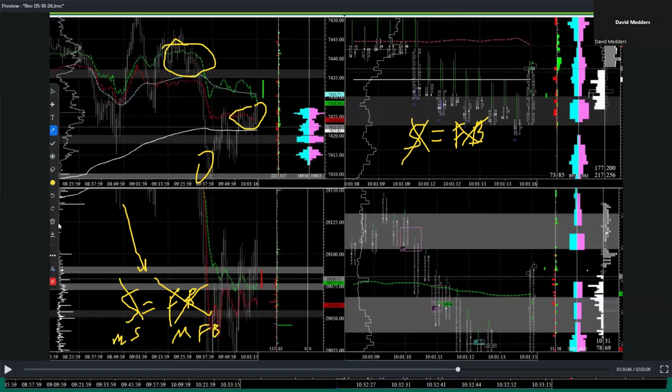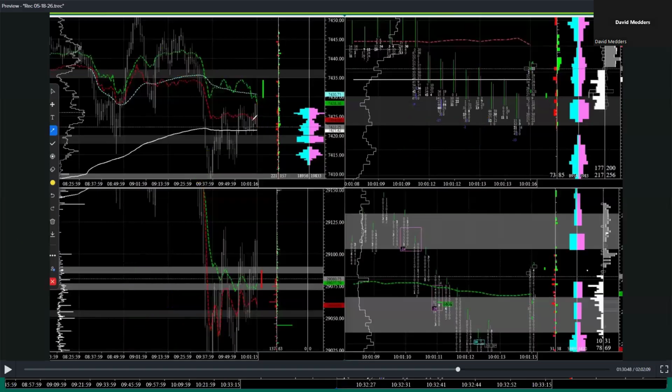So we get this classic head fake right in here at 10 o'clock Central, where we're just chopping sideways and we go up real quick and down real quick. Before we go down real quick, we've seen it jump, show a couple triggers up there, and then when it gets through the middle of the congestion is really when it's on its way to release to the downside much easier.